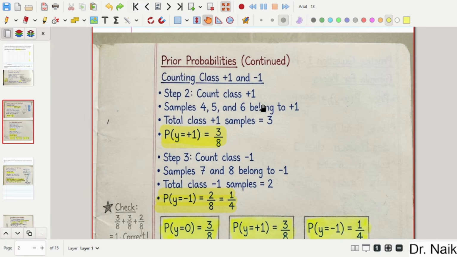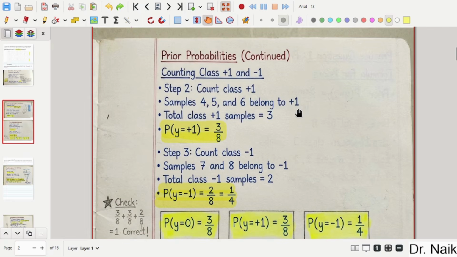So count the class +1. So samples 4, 5, 6 belong to the class +1. Therefore, the total number of samples that belong to class +1 is 3. So probability of y equal to +1 is 3 divided by 8.